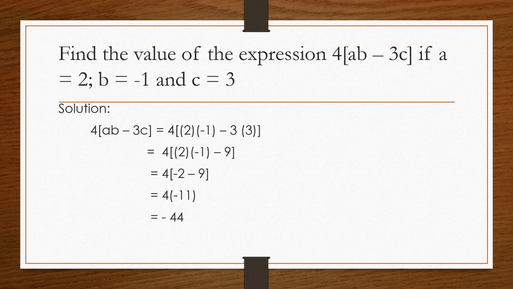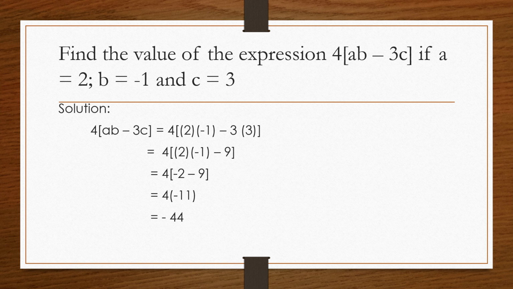Okay? Next. Find the value of the expression 4 times quantity AB minus 3C if A is equal to 2, B is equal to negative 1, and C is equal to 3. So 4 times quantity AB minus 3C equals 4 times quantity, so your A is 2, your B is negative 1, minus 3 times 3.